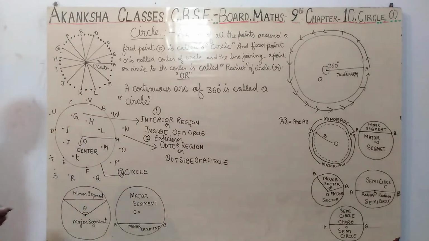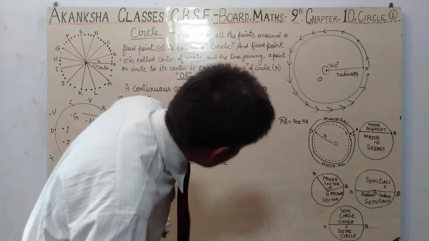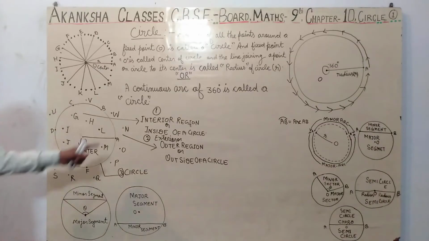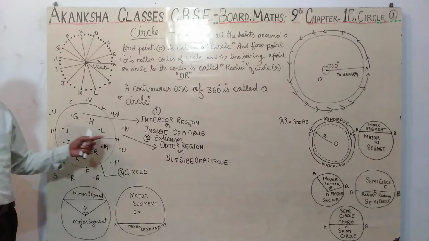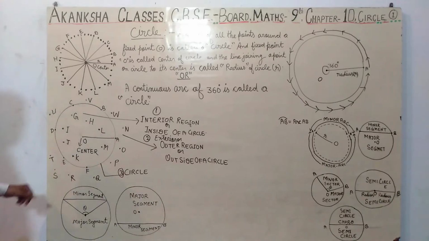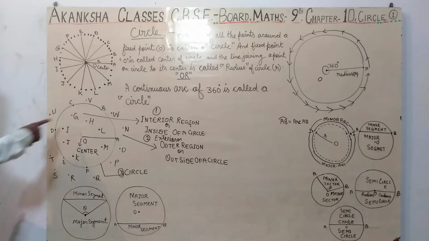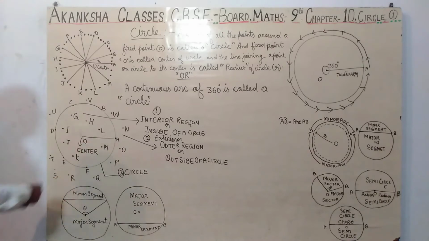That is the circumference. Now we will ask a few questions to clear your doubt about the interior region, exterior region and circle. Tell where the points G, H, I, J, K, L and M lie.